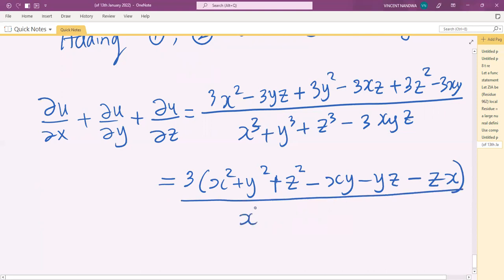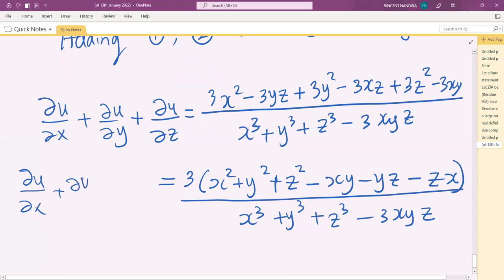I divide by x cubed plus y cubed plus z cubed minus 3xyz. So this is the same as partial u, partial x plus partial u, partial y plus partial u, partial z.